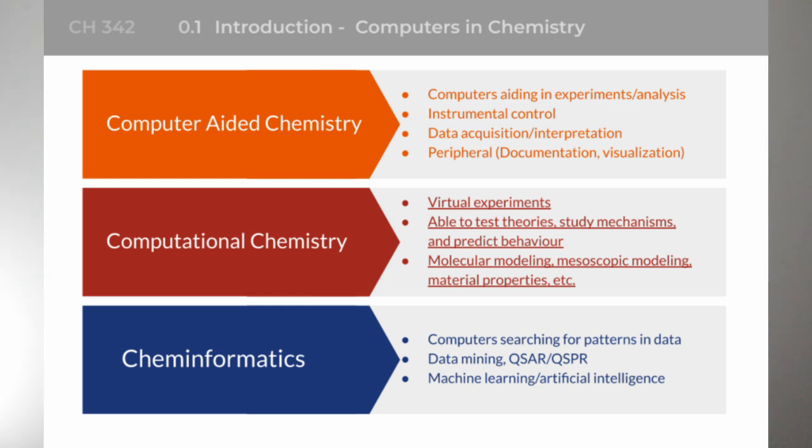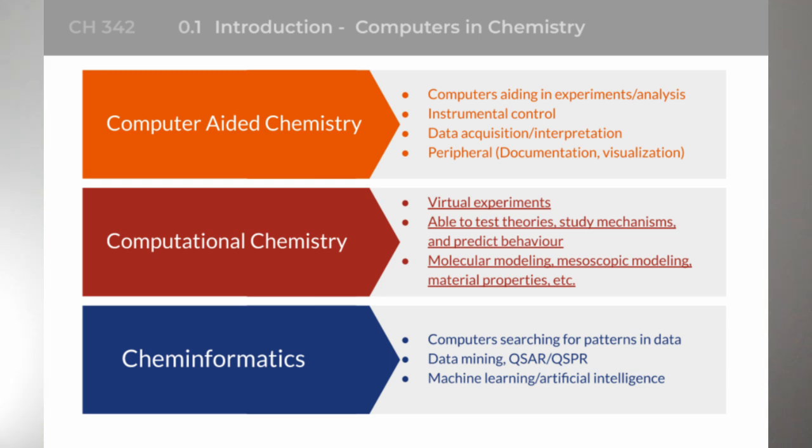Now, the final way that computers can be used in chemistry is in cheminformatics. So, cheminformatics is basically using computers to search vast amounts of data and look for patterns in that data. So, we're talking about data which is so large that it would be impossible for a human to go through rationally.